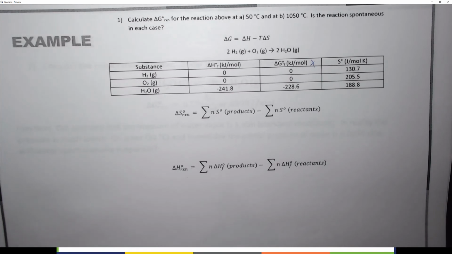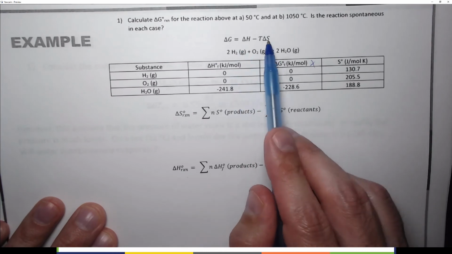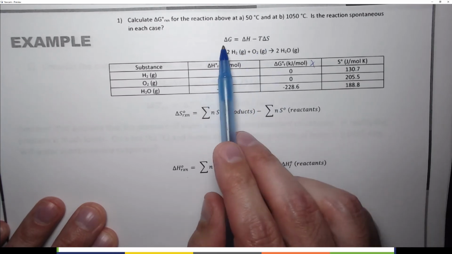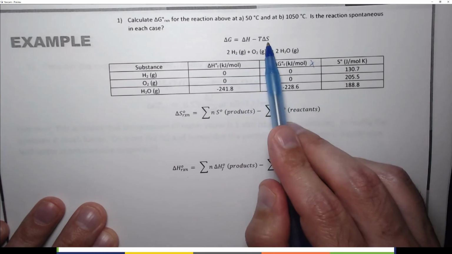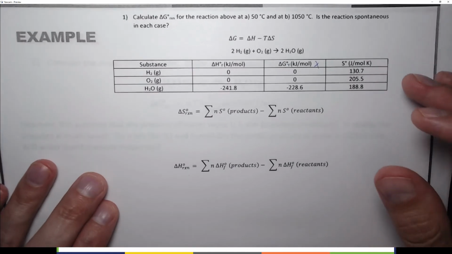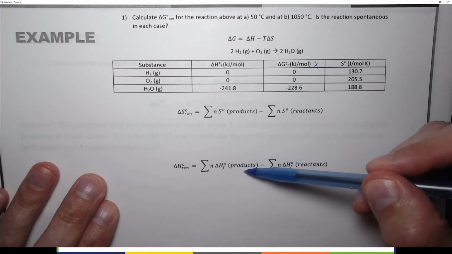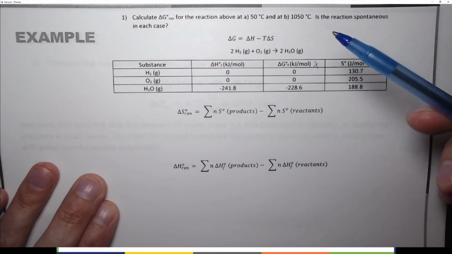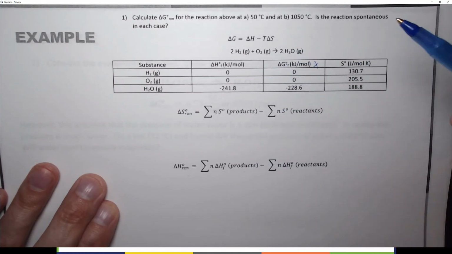But I do know that in a question like this, we're considering that the temperature effect of delta H and delta S is negligible compared to delta G. So if we calculate delta H and delta S, even though those are in the standard states, we can still plug them into this equation. So let's go ahead and do that. First, we need to find delta S and delta H, and then we can consider it for the two different temperatures because the only difference is going to be T. Delta H and delta S will be the same.